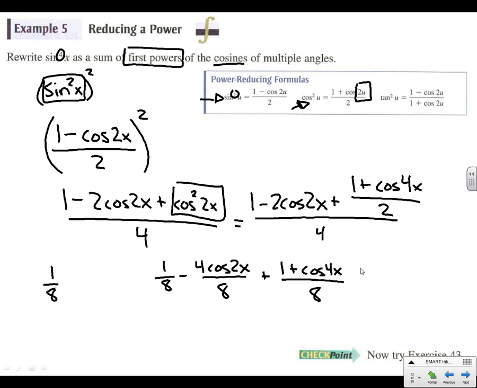And let's see what we've got here. We've got a 1 plus a 1. I think that's right. Yep, equals 2.